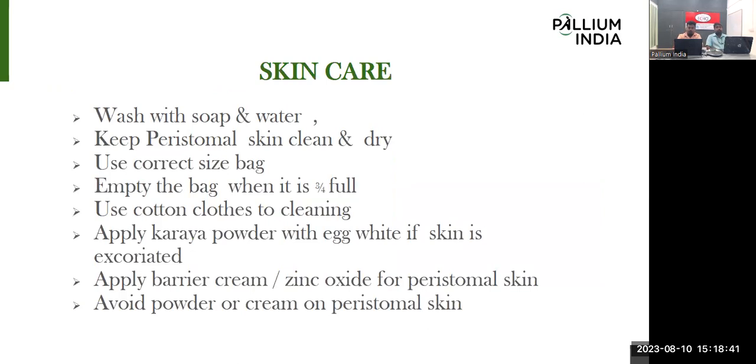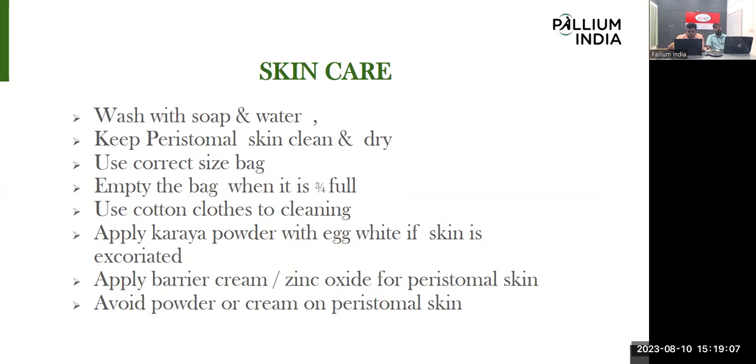This karaya powder can be mixed in egg white, and this can also be done in a home setting. Then we apply the karaya powder mixed in egg white on the peristomal region. Give it some time for drying. After it dries completely, the area will look like a film coating.